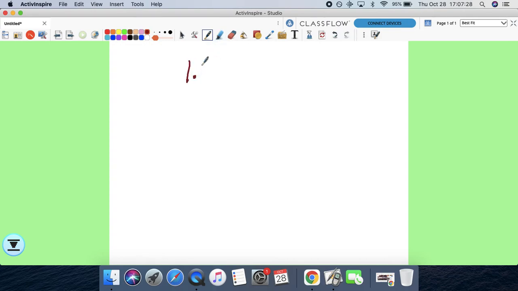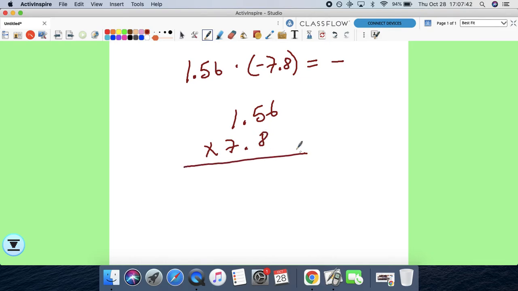21, 1.56 times negative 7.8. So the answer is negative. So let's multiply 1.56 times 7.8. This has 2 decimal places. This has 1 decimal place, so my answer has to have 3 decimal places. 8 times 6, 48. Carry 4. 8 times 5 is 40.